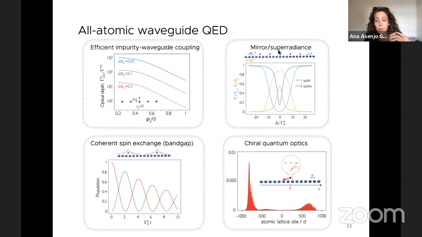But what if we place the frequency of the qubit in the band gap? In the band gap, guided modes cannot propagate. And if we place two emitters or impurities close to each other, the only possibility for them is to do a coherent spin exchange. This is what we can see here: the population of both impurity qubits that have been coupled to the array.